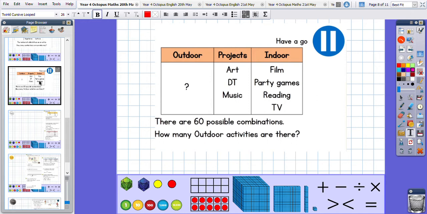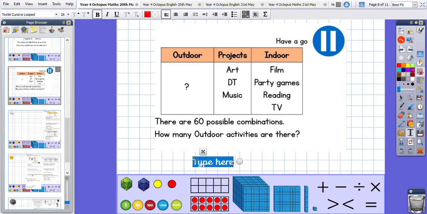Okay, and the last style of question I want you to have a look at before you go on to your questions independently. Here we have some information missing. So thinking about our missing number problems, if we have a missing number, how do we find it? What do we need to do?